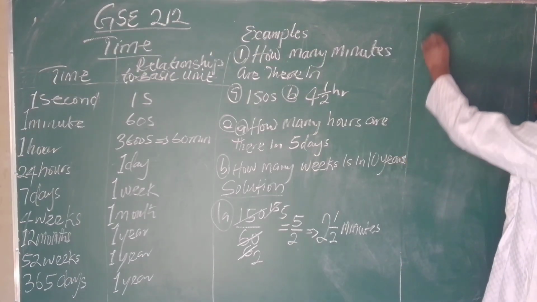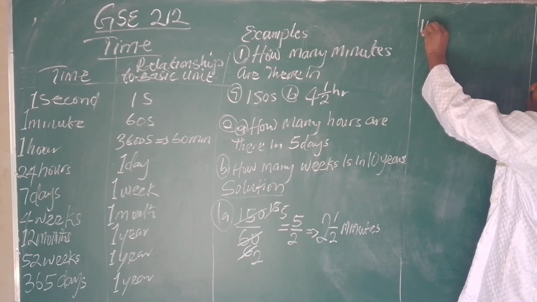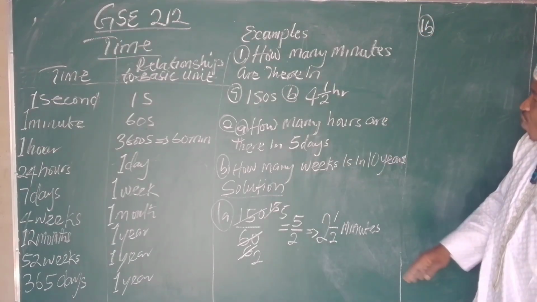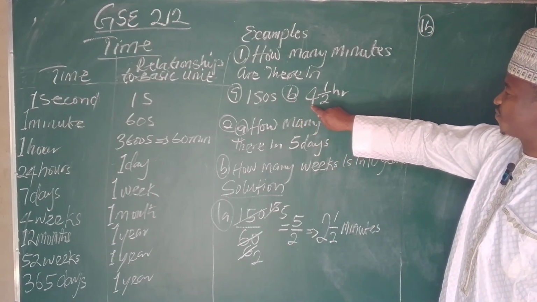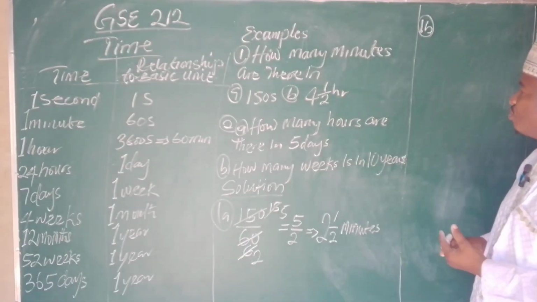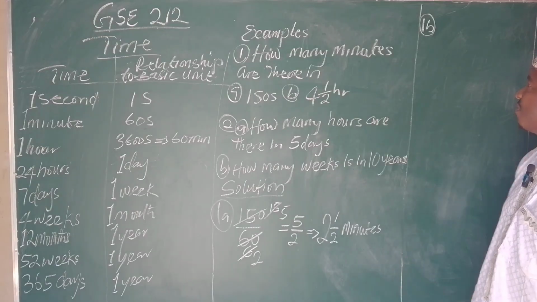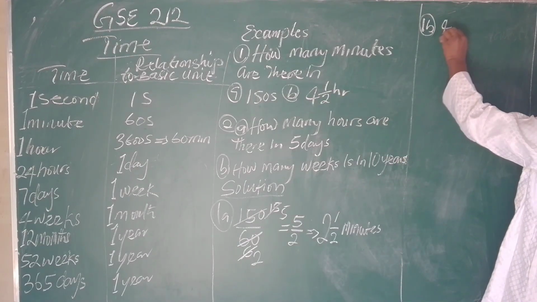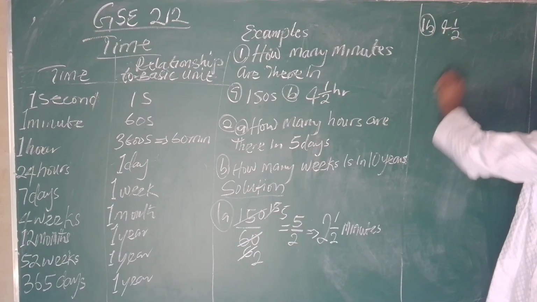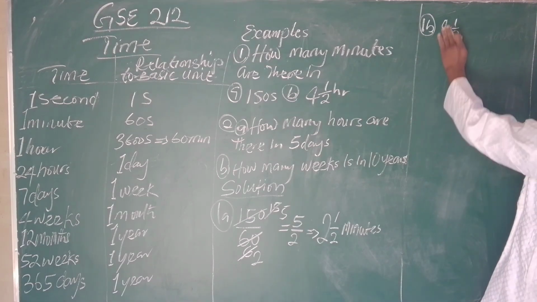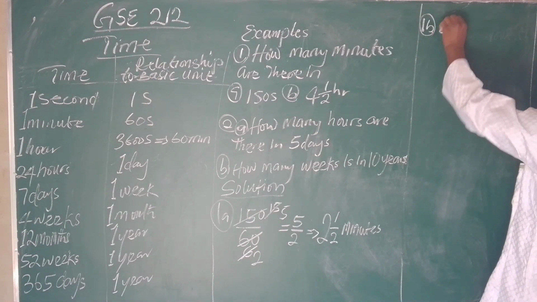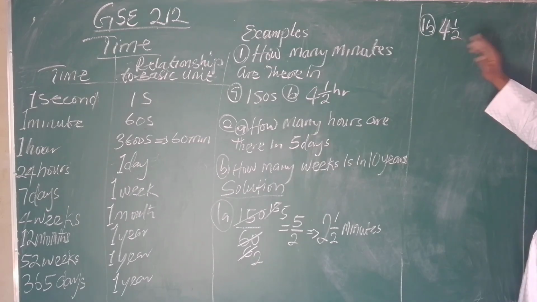Then we should go to 1B. 1B is talking about 4.5 hours, and we should find the minutes that are in 4.5 hours. 4 1 over 2. Let's write it boldly: 4 whole number 1 over 2, the same as 4.5 hours.